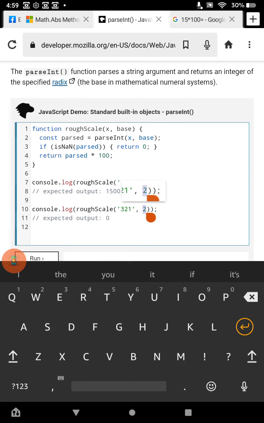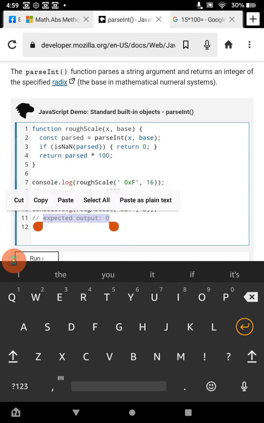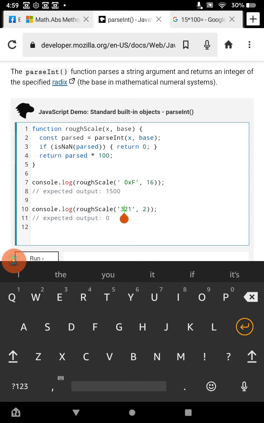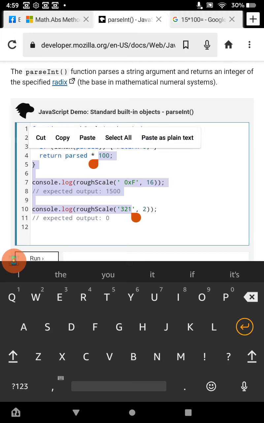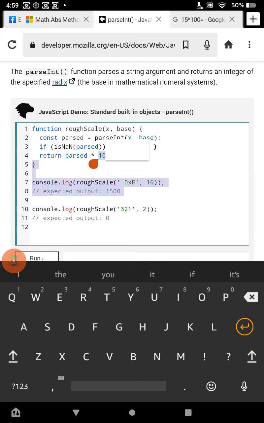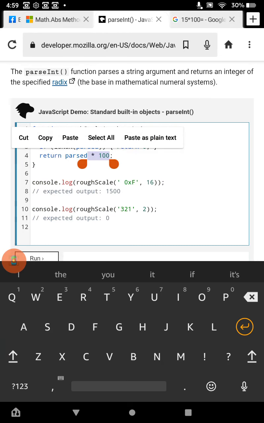Whereas if this was given the value 10, they would know that the expected output would be different, since they're assigning it a constant value here of 3, 2, 1. They would know that their code would detect first that 3, 2, 1 is a number, so then it would multiply 3, 2, 1 by 100.